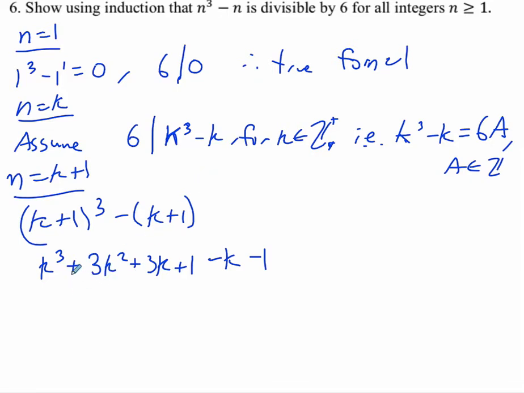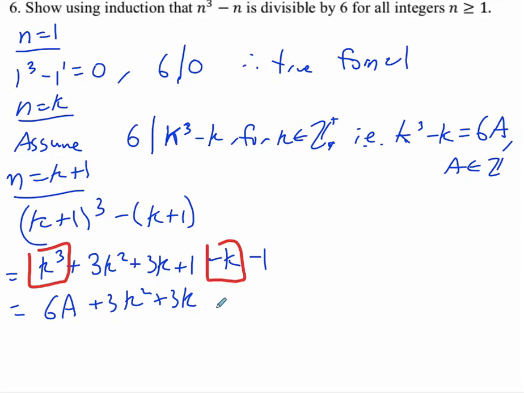And notice here we have k cubed and we have a minus k, so we can take that and substitute 6a. So we can say 6a plus 3k squared plus 3k. The ones cancel. And this is 6a plus 3k times k plus 1.